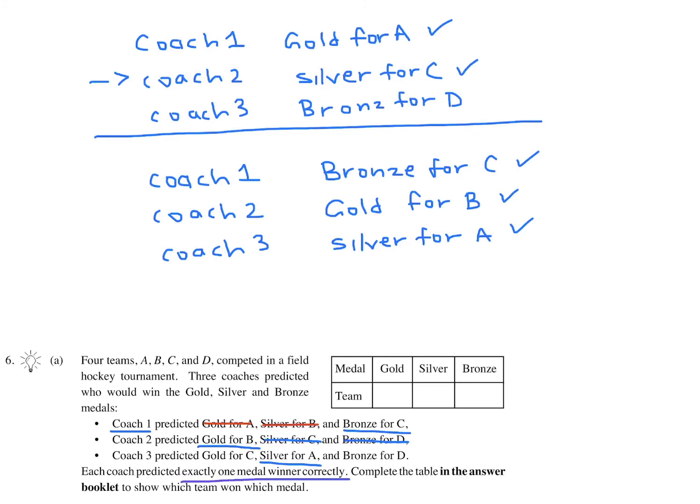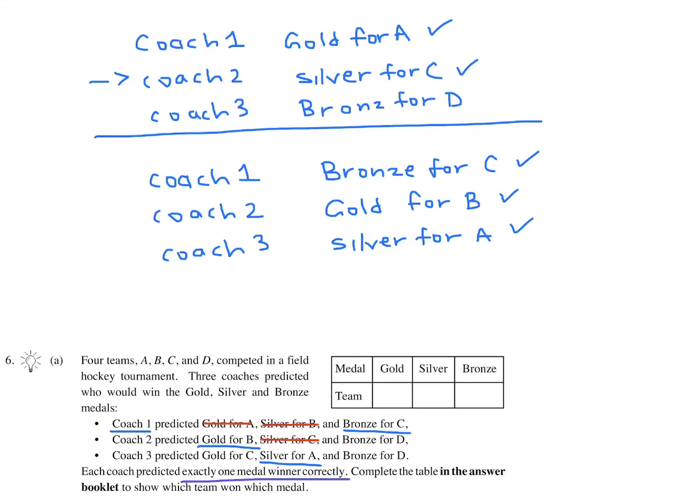Okay. Now let's turn our attention to Coach 2. We're looking for discrepancies here. We said that he accurately predicted gold for B, right? So he must be wrong about the other 2. Silver for C, is that wrong? Yes, it is. Bronze for D, is that wrong? Well, D is not in our medal table here. We only have medals for A, B, and C, so we don't know yet.